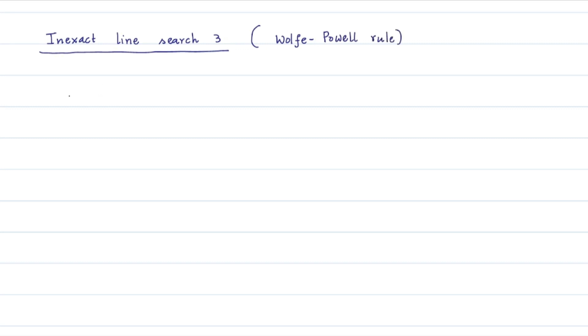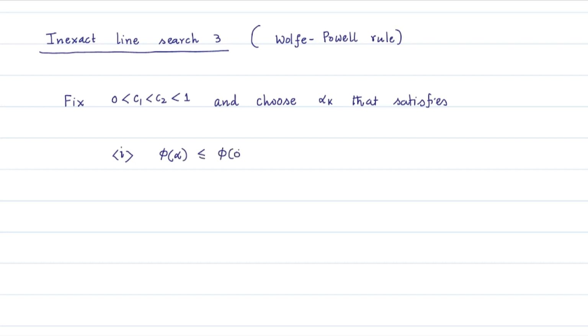That says us to fix some values of C1 and C2 that satisfy 0 less than C1 less than C2 less than 1 and choose the step length alpha k that satisfies the Armijo rule, that is, phi alpha less than or equal to phi 0 plus C1 alpha into phi dash 0, together with the curvature condition that phi dash alpha is bigger than or equal to C2 times phi dash 0.